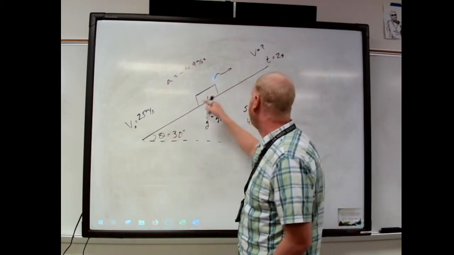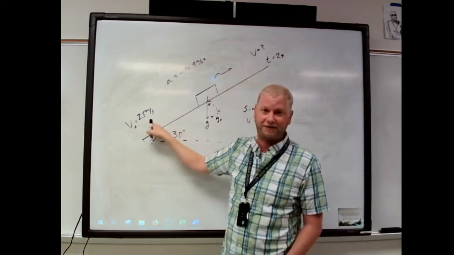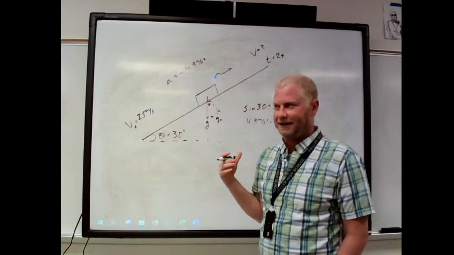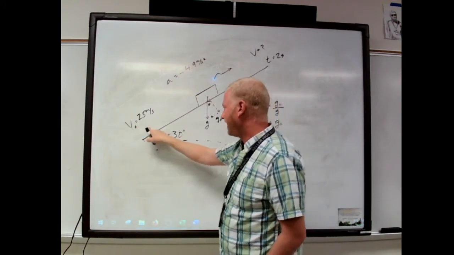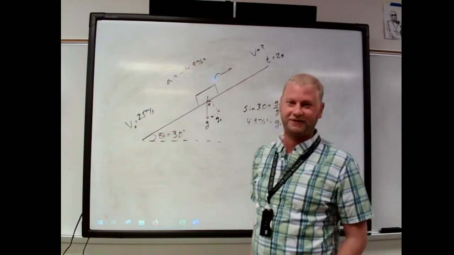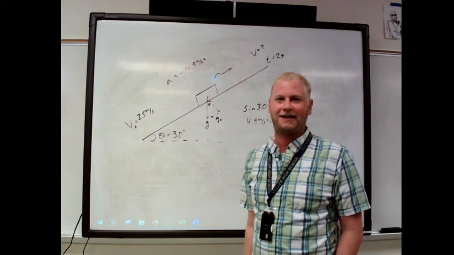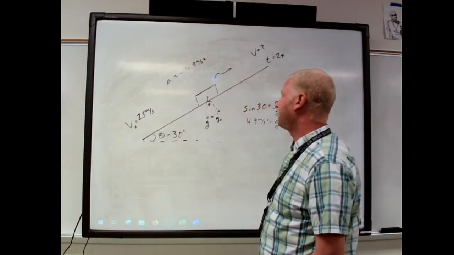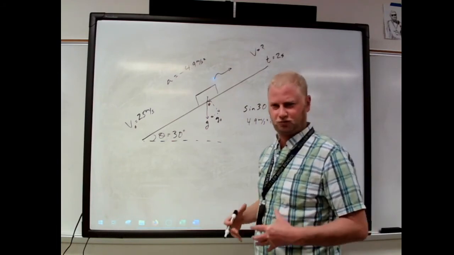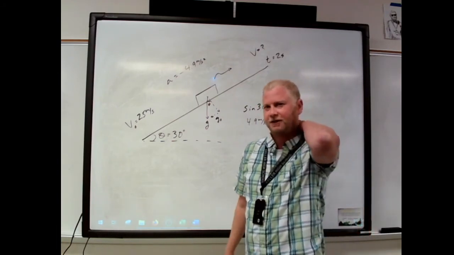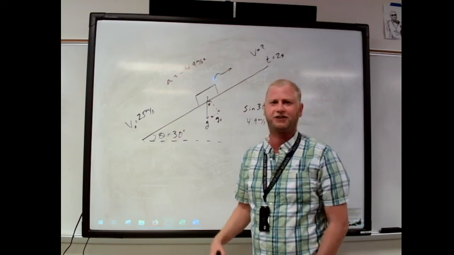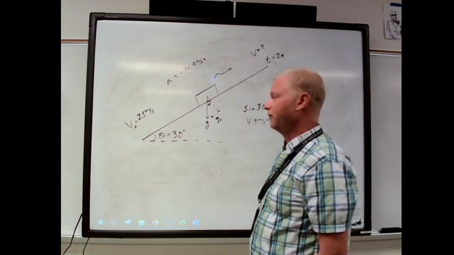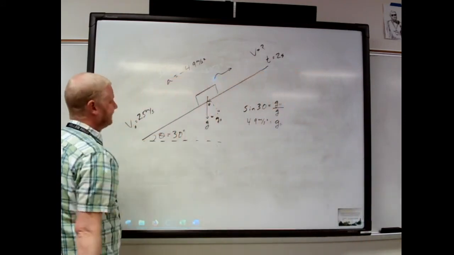If you somehow came up with a final speed greater than 25 meters per second, that should set a red flag going off in your head, because is it possible for a cart that's just rolling up a hill to gain speed? No, right? That's physically insane. So let your math check with your gut. Does your mathematical solution make sense to you? If not, go back and look through your work and think, did I account for all of my directions? So this is negative.